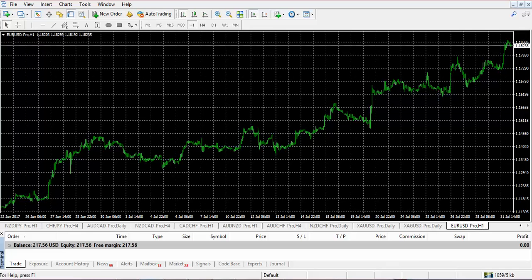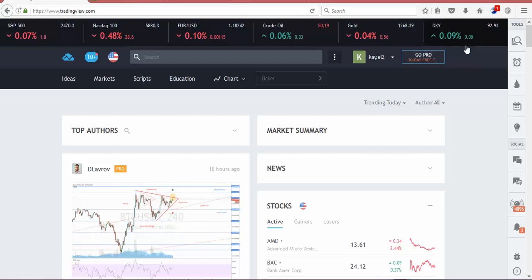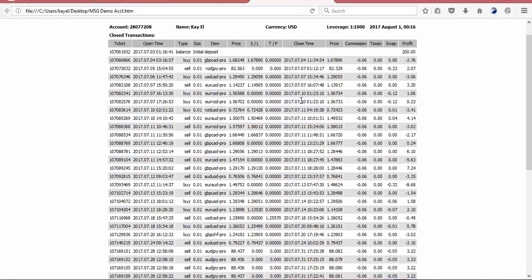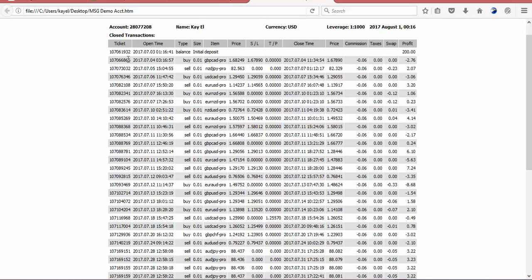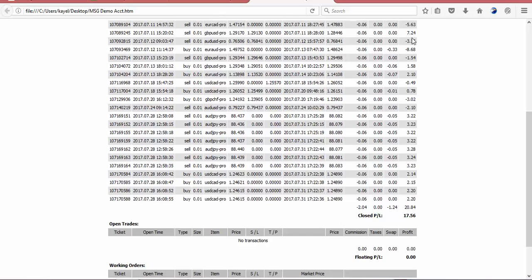Let me show you the full statement, guys. This is it. This is the full statement of this account. So the account was opened on the 3rd of July, with an initial deposit of $200. But this is not real money, this is demo, and these are the trades that have been taken over the period.